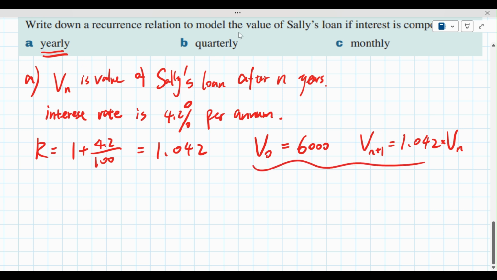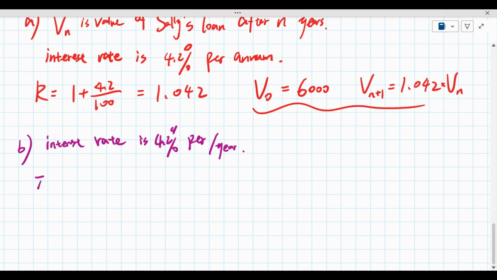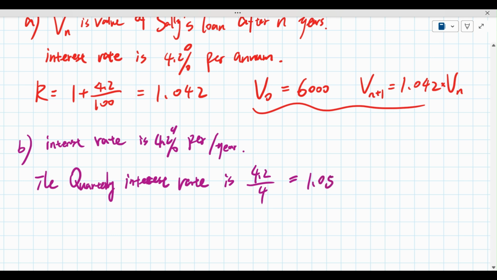That's yearly. Now what we do is quarterly. Quarterly means we separate the year into quarters. First things first, the interest rate is 4.2% per year, so the quarterly interest rate is 4.2 divided by 4, which equals 1.05%.